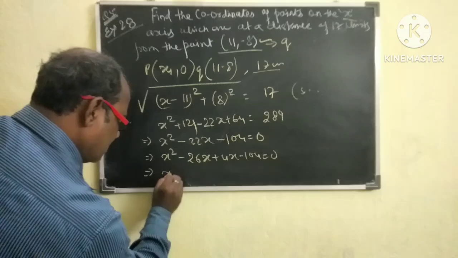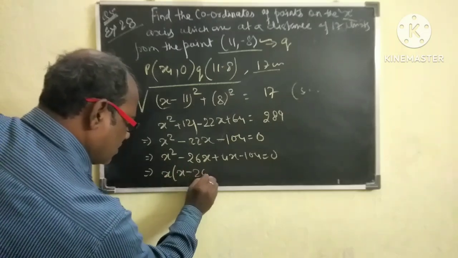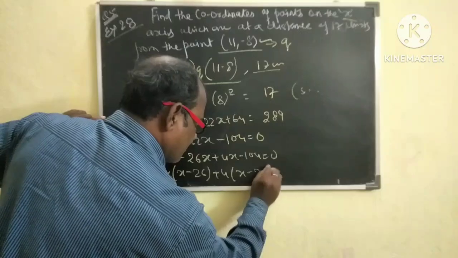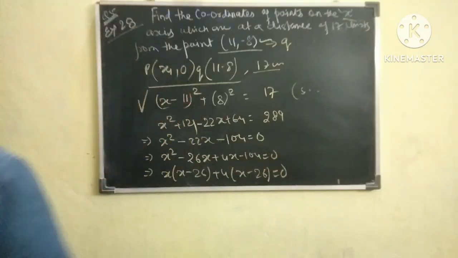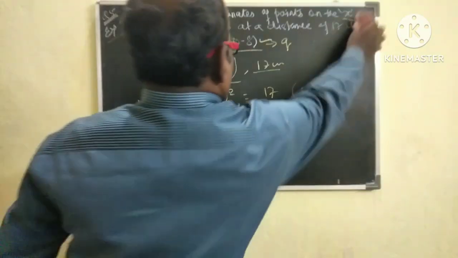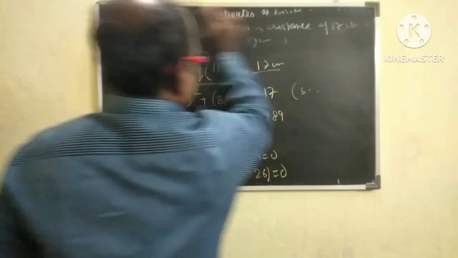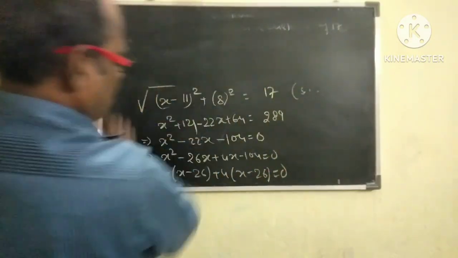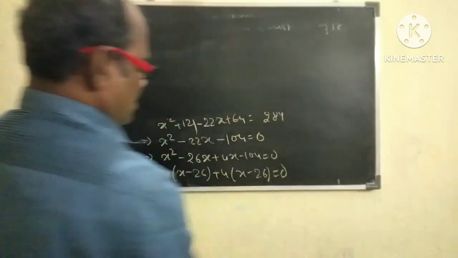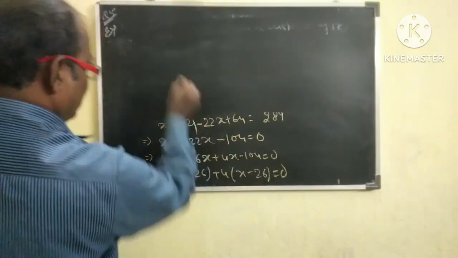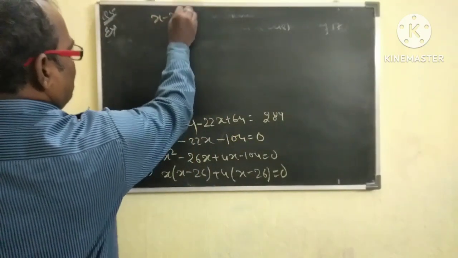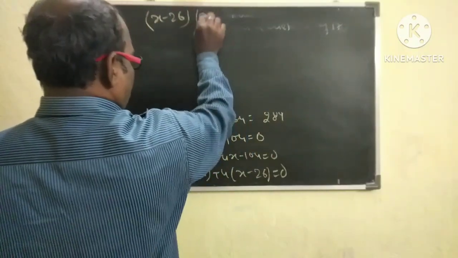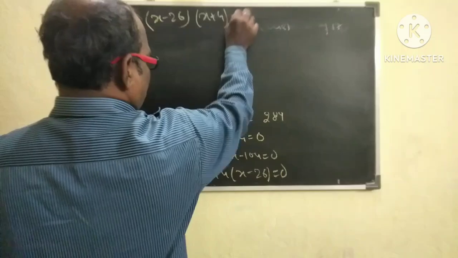From here we get (x minus 26) into (x plus 4) equals to 0.